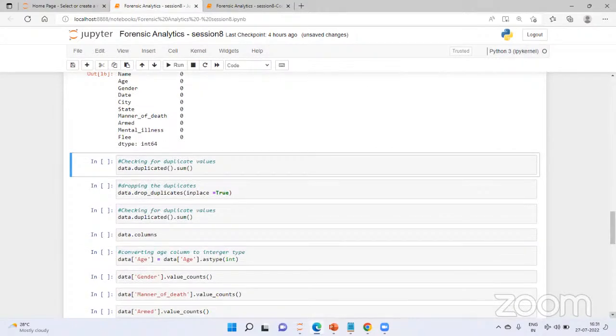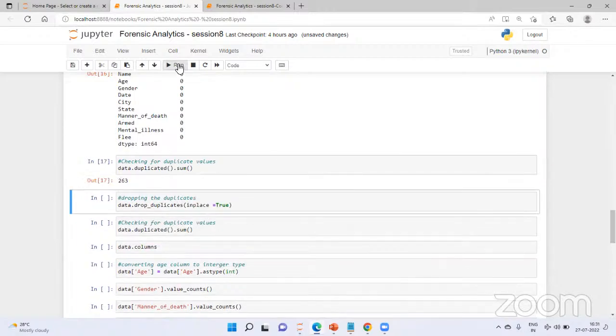Now, checking for duplicate values. Are any duplicates there in our data set? 263. So dropping the duplicates. I can execute this.